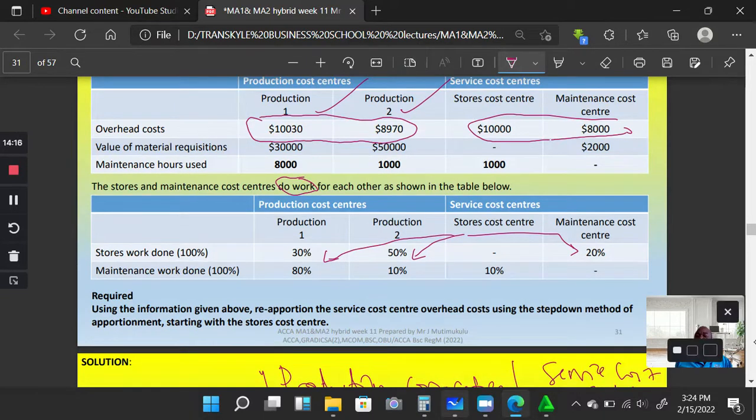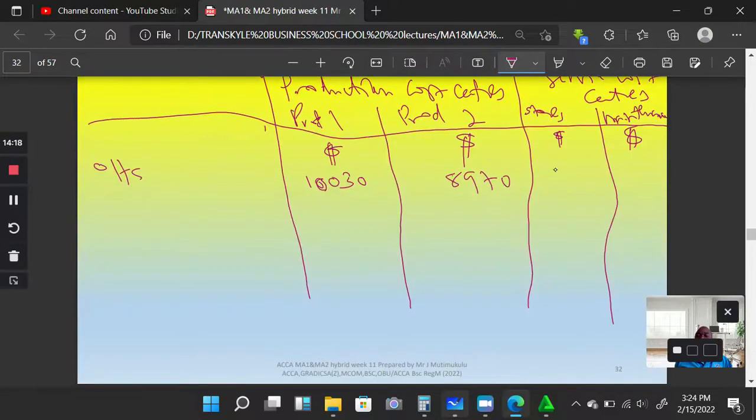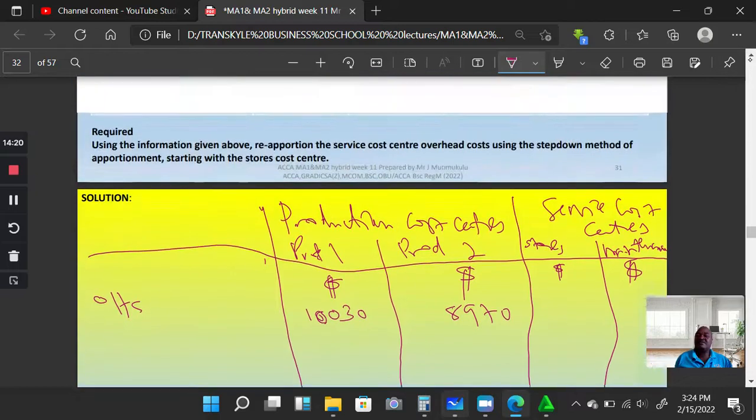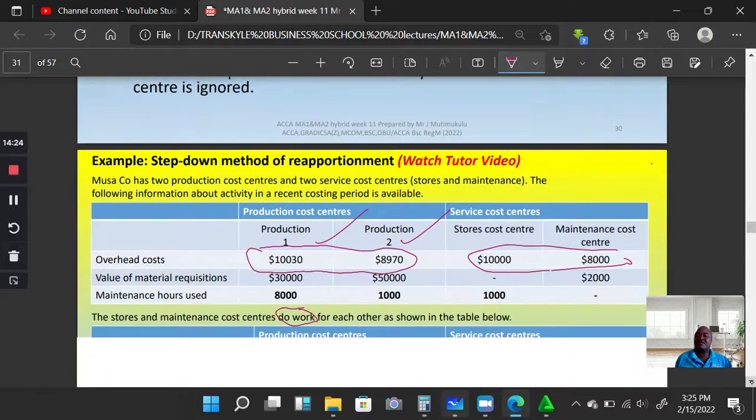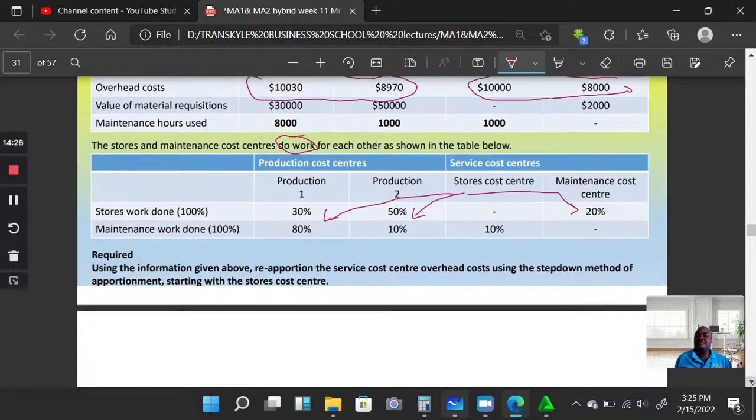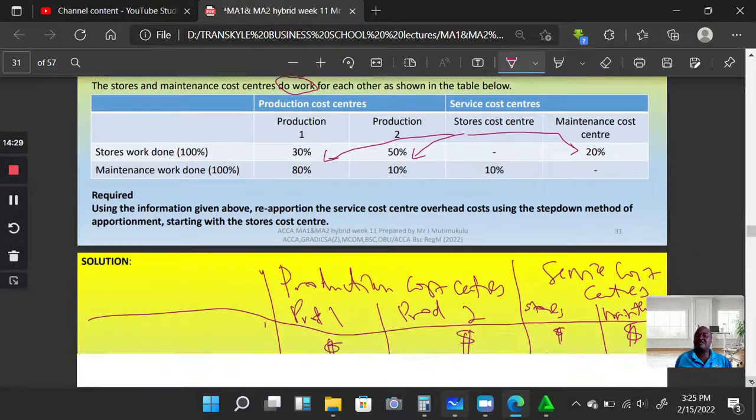How much was it? That's 10,000 and 8,000.